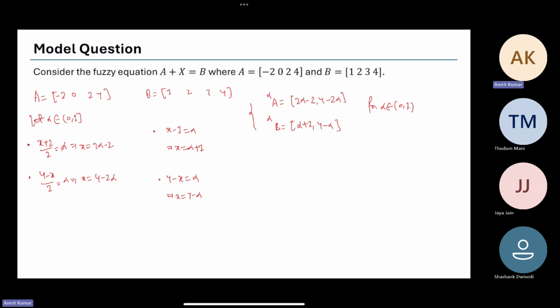Now let us consider X alpha, which is this minus this. So what is this?